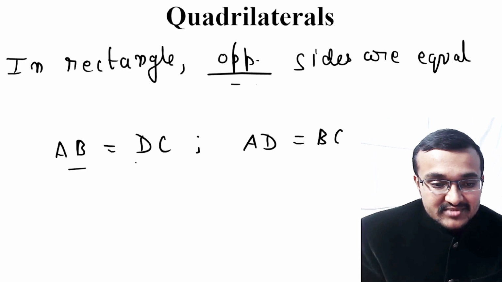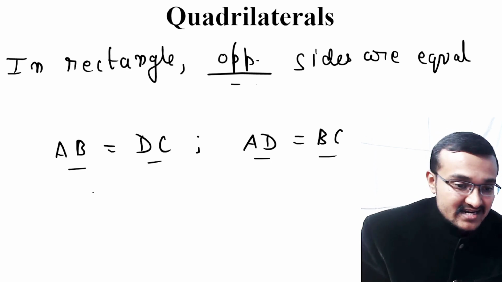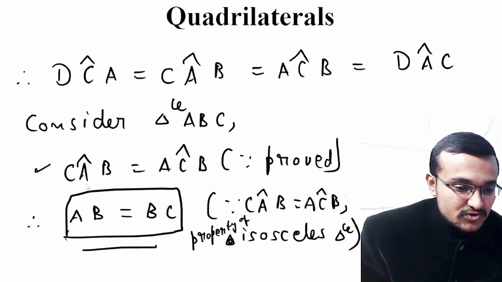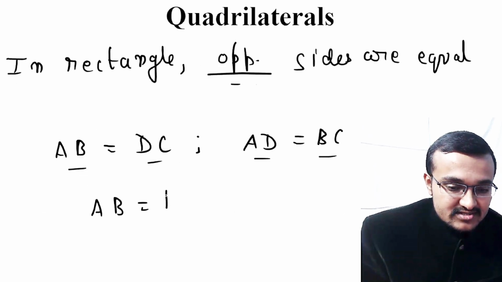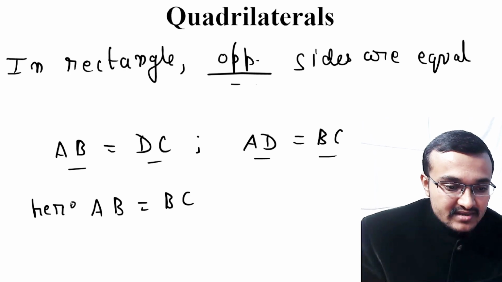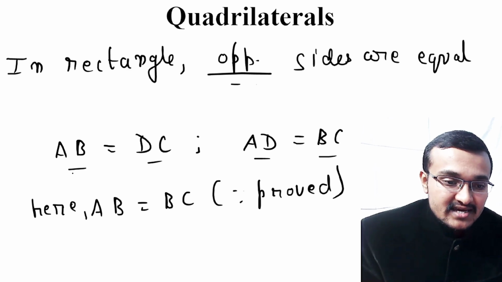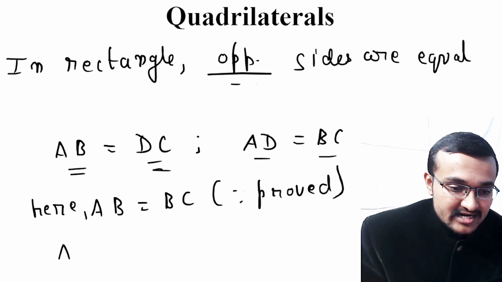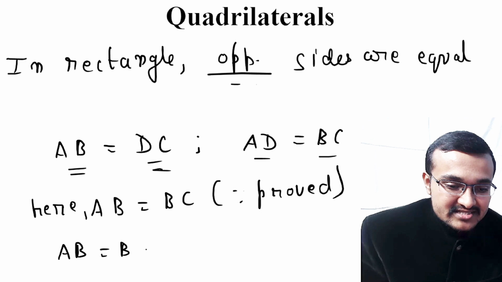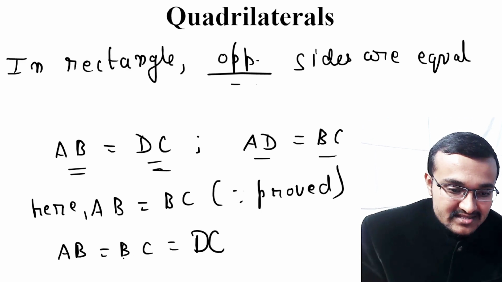Since AB is equal to DC and AD is equal to BC, and just now we have proved that AB is equal to BC, therefore AB is also equal to DC. So AB is equal to BC is equal to DC, and we also know that BC is equal to AD.